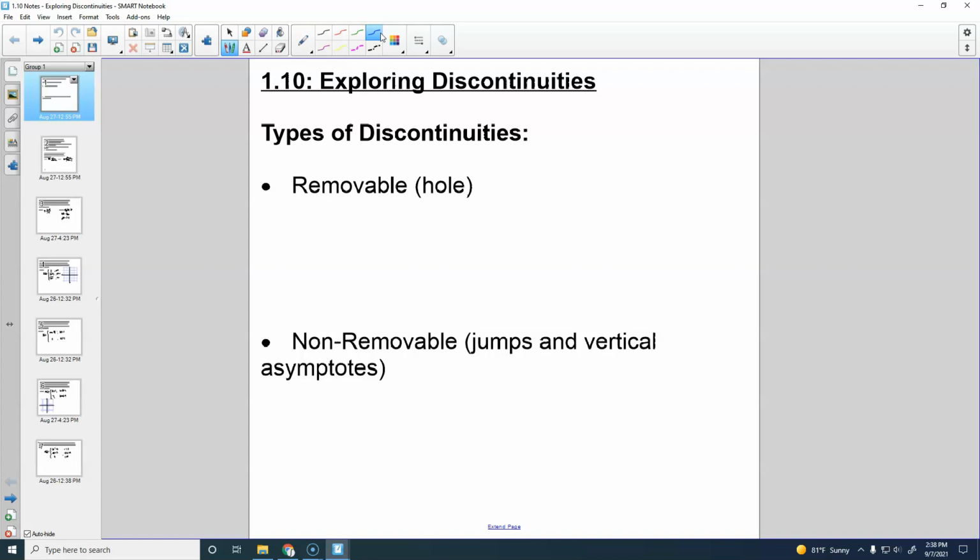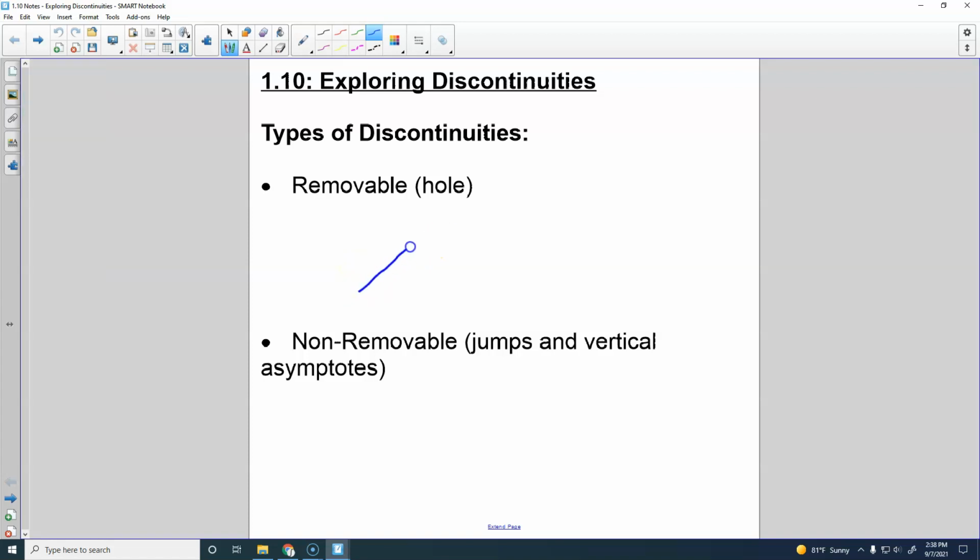There are two types of discontinuities that we can have: removable and non-removable, and underneath non-removable discontinuities, there's a couple different ways that can look. So a removable discontinuity is just a hole in the graph. It can look like this. It could look like this.